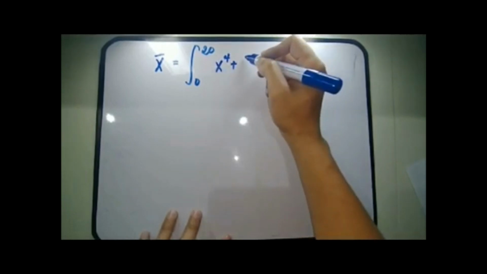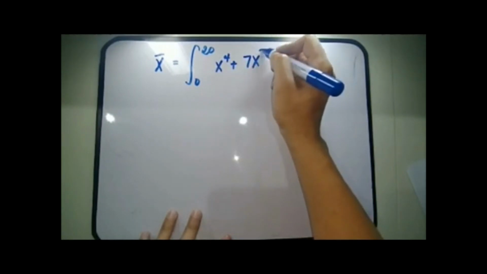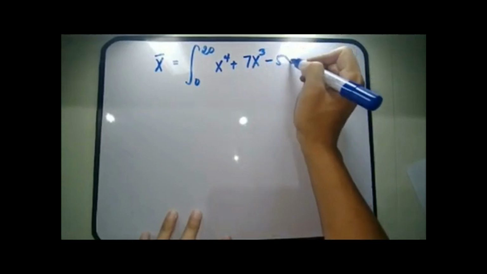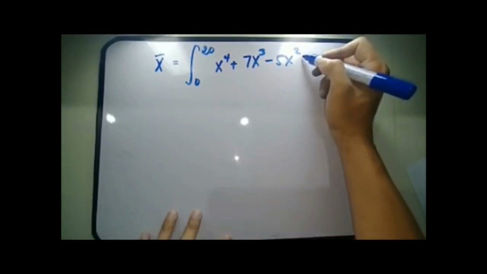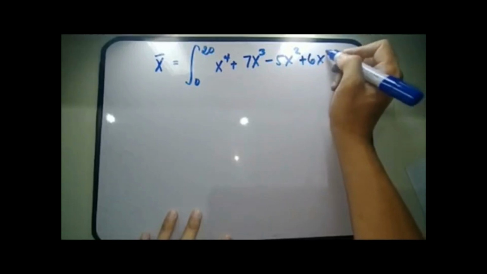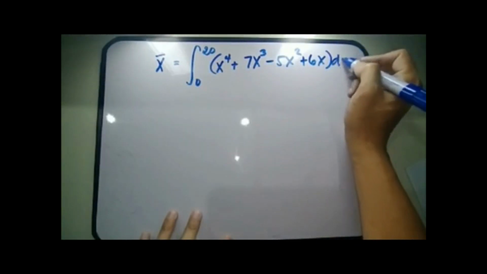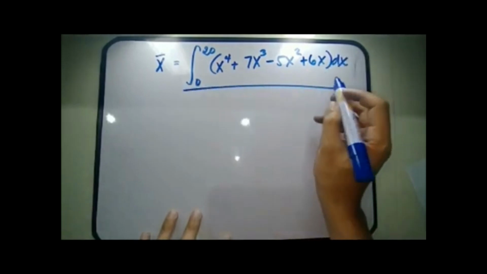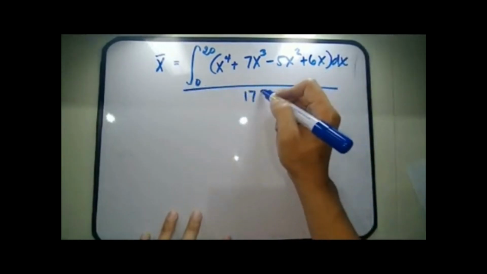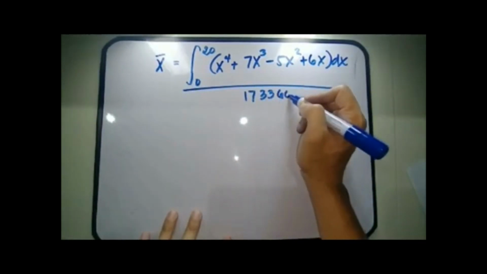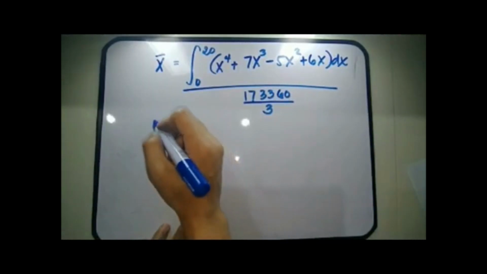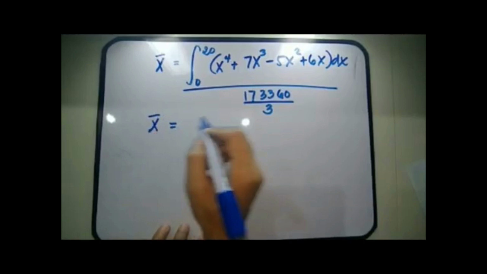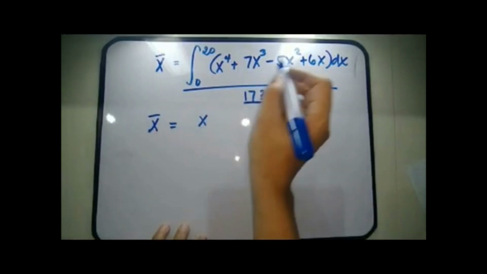So, i-multiply natin yung x, that is x raised to 4 plus, you have your 7x cubed minus 5x squared plus 6x, differential of x, all over yung area. So, the area is 173360 all over 3. So, integrate natin siya, guys.